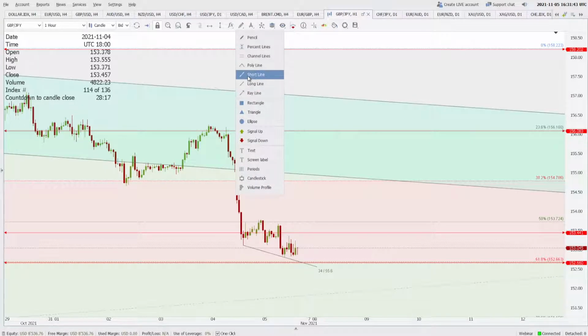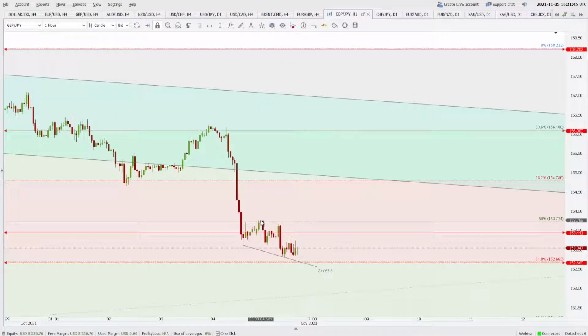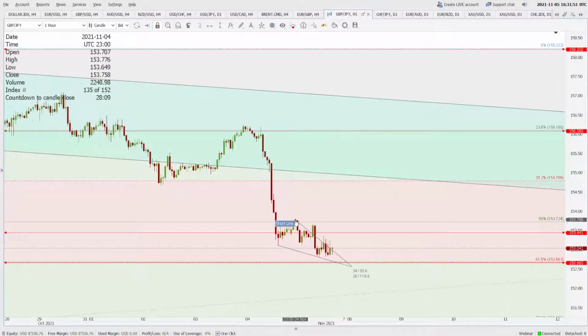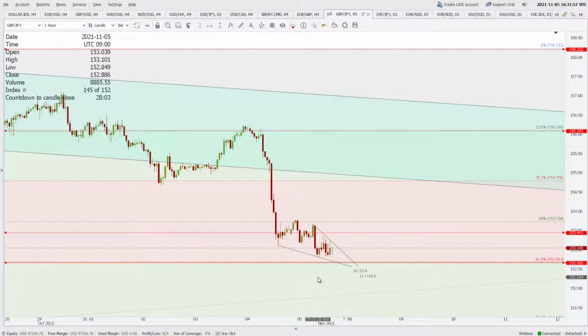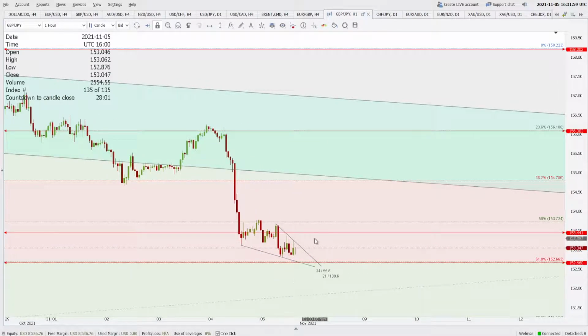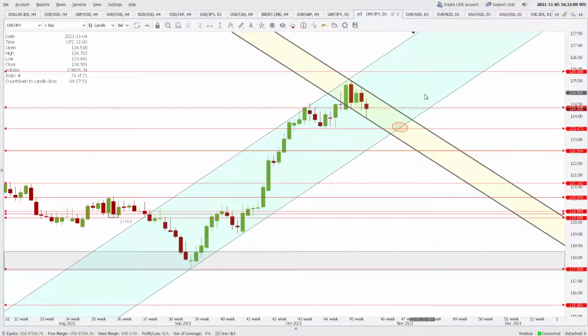Falling wedge actually is a bullish pattern. So yes, something of this form is forming. If we see a close above 153.44, we can see 156.08. So keep a close eye on GBP JPY today or tomorrow.